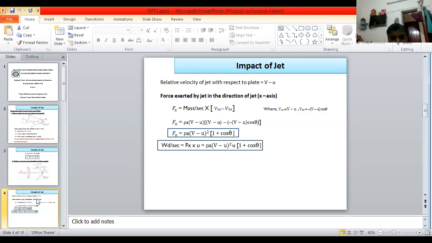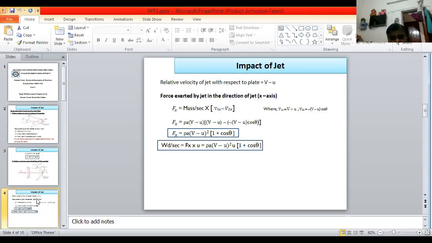That means Fx is equal to rho a v minus u in bracket v minus u minus of v minus u cos theta. That means Fx is equal to rho a v minus u square in bracket 1 plus cos theta.